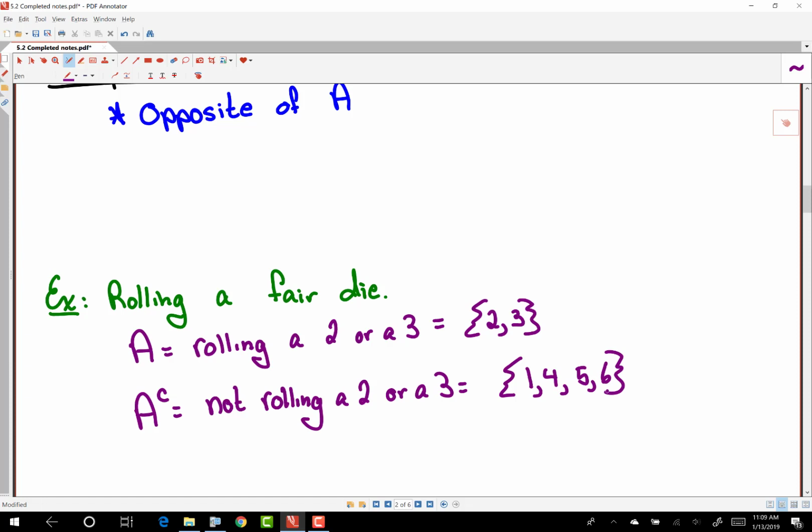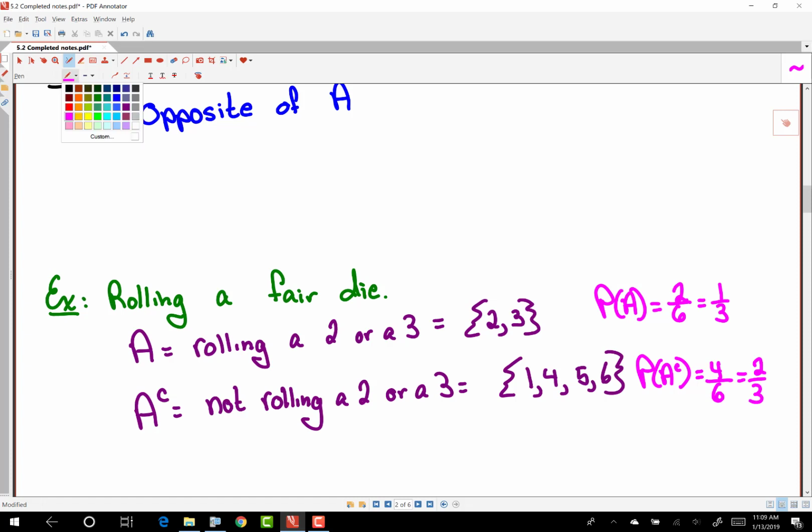Notice with these, if we were doing probability, and I pointed this out on the bill example as well, but let's look at it here. If we wanted the probability of A rolling a 2 or a 3, we did that earlier, that was 2 out of 6, or 1/3. Now notice that if we wanted the probability of A complement, well, there are 4 ways that A complement can occur, so that's 4 out of 6, or 2/3.